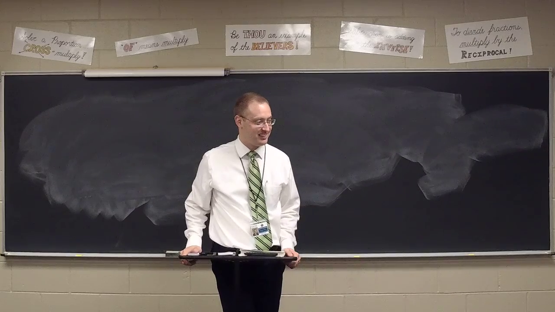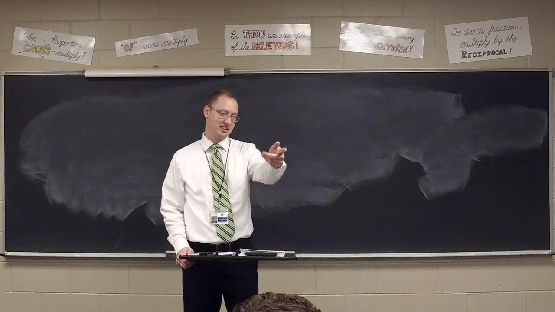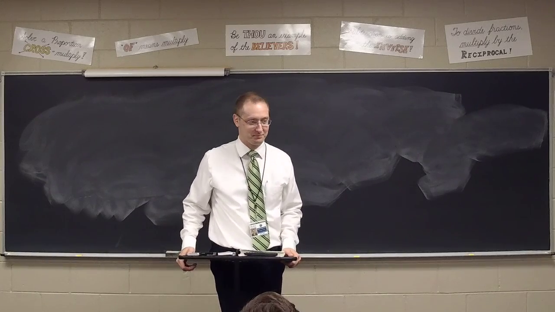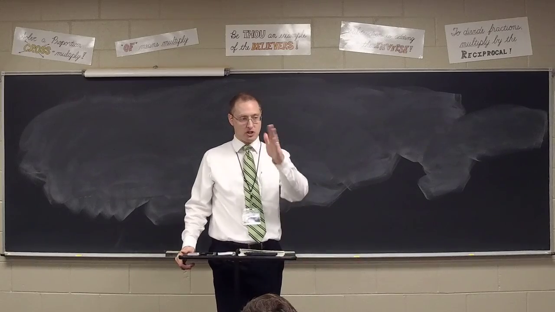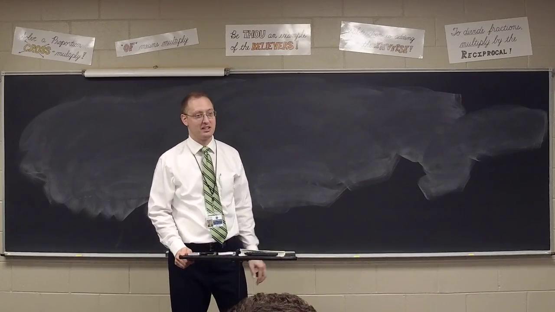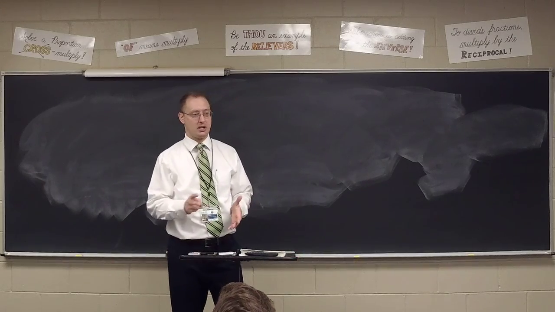CAH is cosine equals adjacent over hypotenuse. TOA is tangent equals opposite over adjacent. Good. So SOHCAHTOA: sine, cosine, tangent.